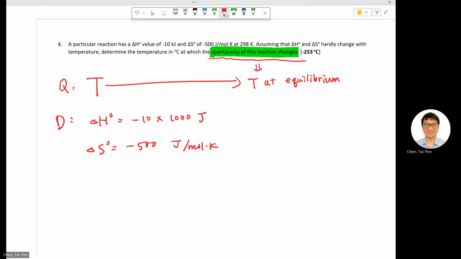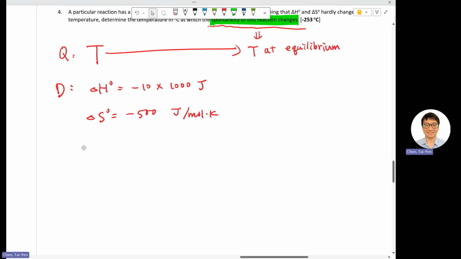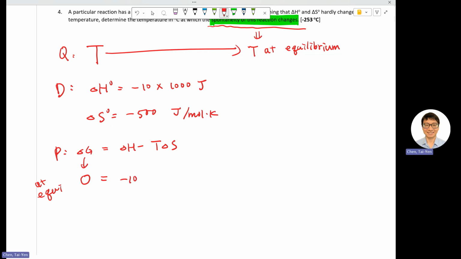The equation that connects these two is delta G equals delta H minus T delta S. Because we know at equilibrium, your delta G is going to equal 0, right? Delta H is -10 times 1,000, minus the temperature at equilibrium that you want to solve for, times delta S, which is -500.